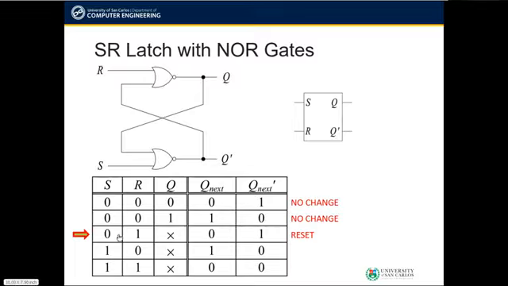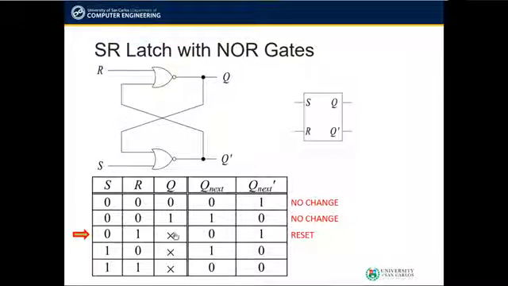Here, we can see that when the present inputs of S and R are 0 and 1, the next value of Q will always be 0, regardless of its present value as shown here by X. If Q is 0, Q next will remain 0.